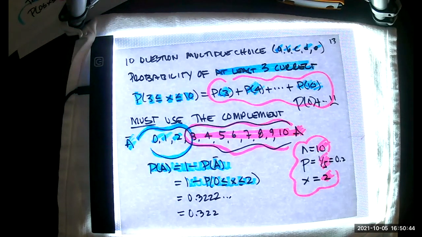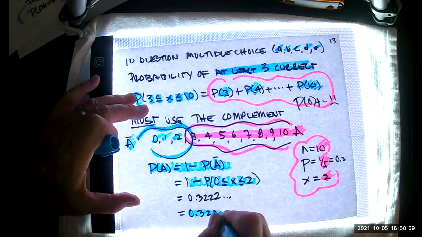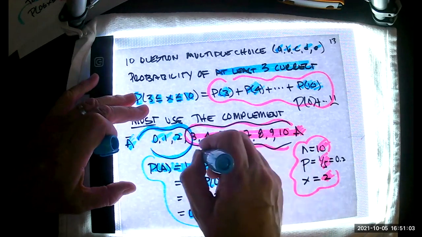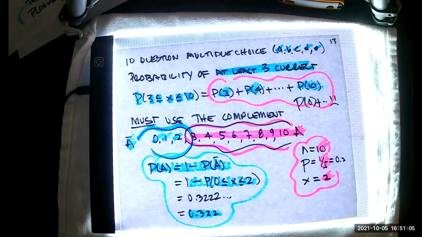And I'll note that the probability of at least 3 correct guesses in this situation is 0.3222 and change. When I round that to 3 significant digits, 0.322. And there we go.